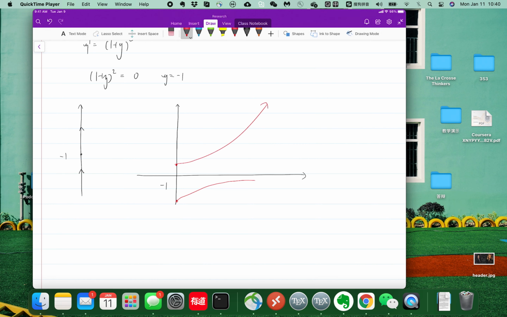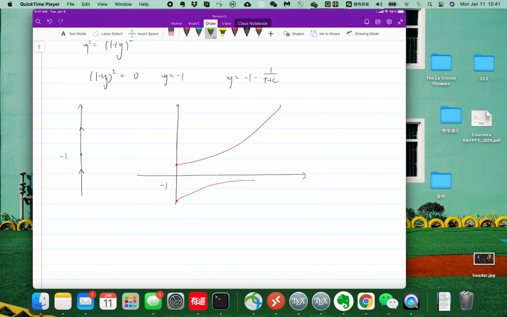So it seems like the whole thing goes to infinity, forever. But now if you solve it, I will skip it, you will have y equals negative 1 minus 1 over t plus c. So what you will have is, you will not have this solution.